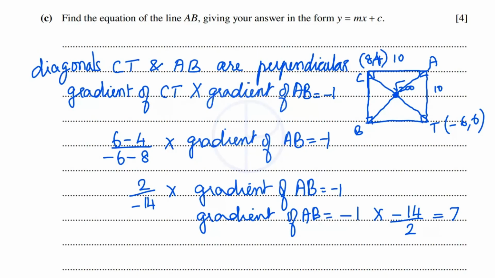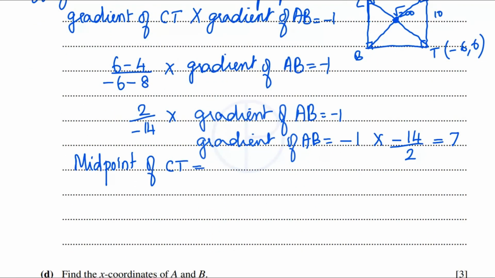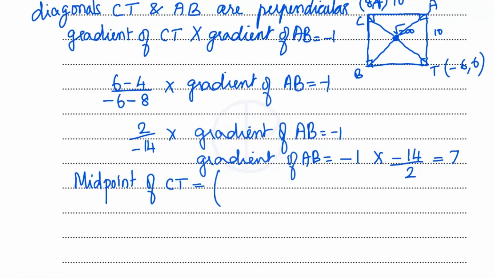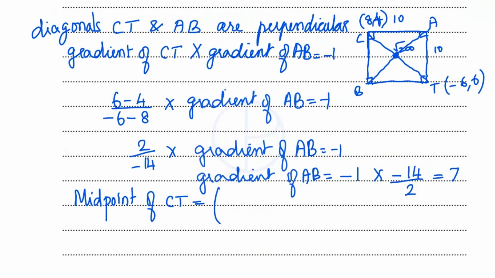So let's find the midpoint of CT. x is (8 plus -6) divided by 2, and y is (4 plus 6) divided by 2. 8 minus 6 is 2, 2 divided by 2 is 1. 4 plus 6 is 10, 10 divided by 2 is 5. So (1, 5) is the midpoint of CT, which is also the midpoint of AB.